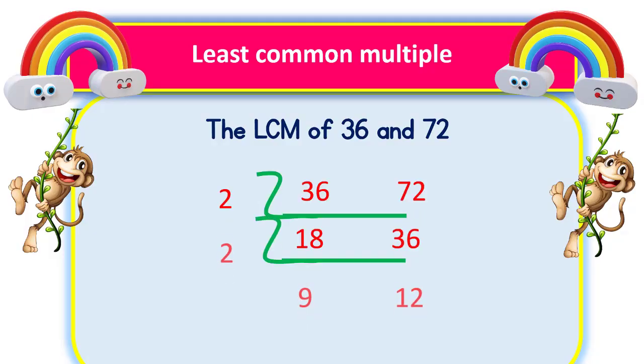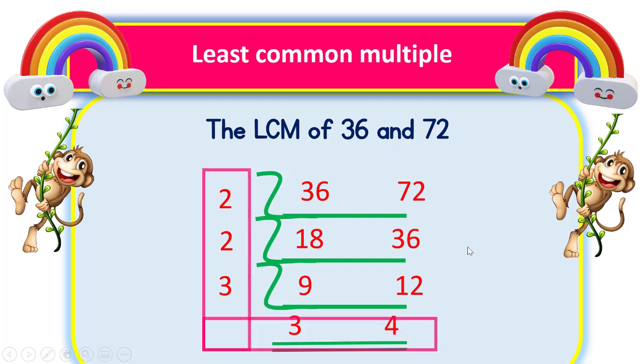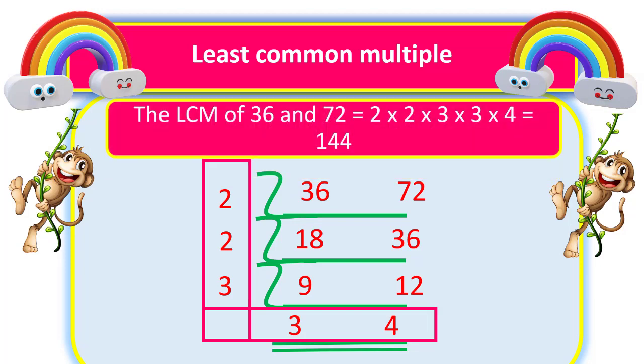Next. 9 divided by 3 is 3 and 12 divided by 3 is 4. So the least common multiple of 36 and 72 is 2 times 2 times 3 times 3 times 4. It is equal to 144.